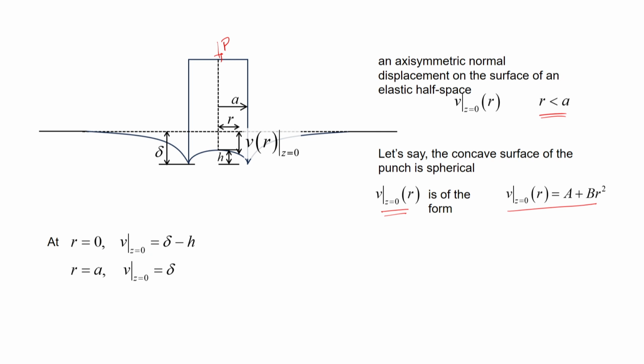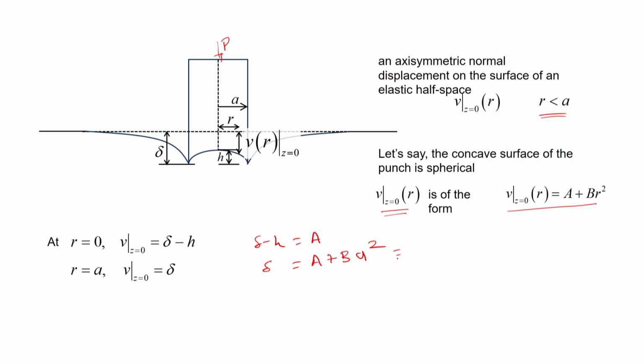So, at r equal to 0 and r equal to a, V at r equal to a is delta, see this is the delta here, and at r equal to 0 it is delta minus h, this distance. Let us substitute. At r equal to 0, it is delta minus h equal to a, and at r equal to a, let us say delta equal to a plus b into a squared.